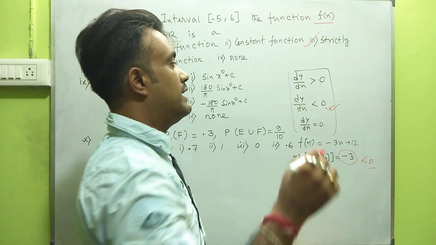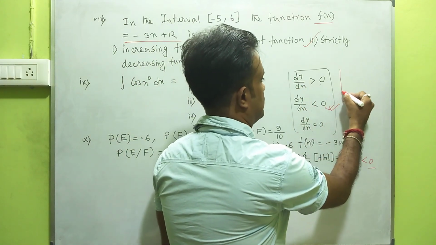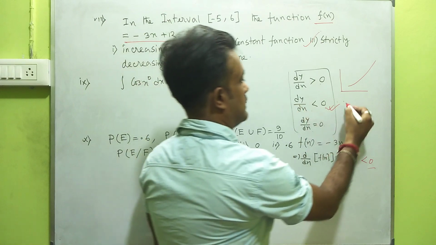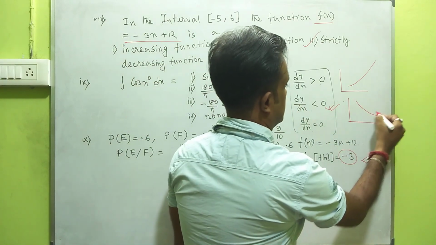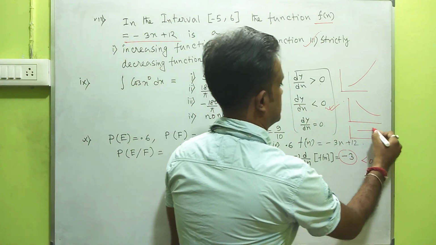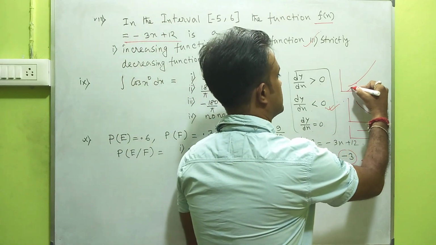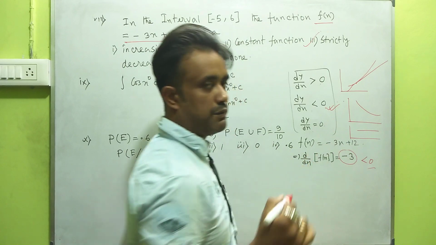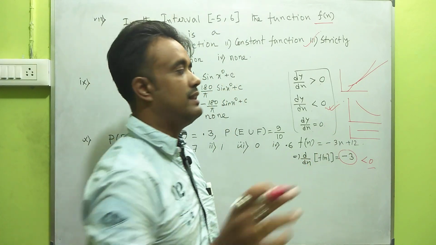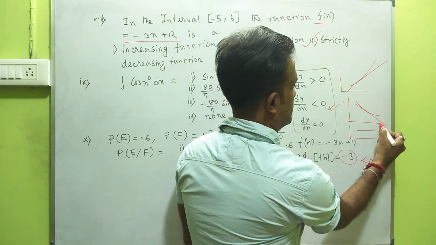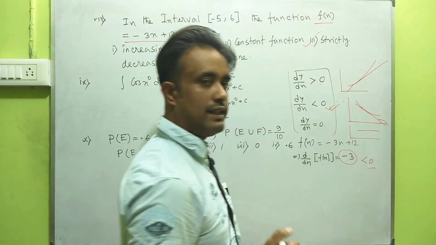Okay. So for an increasing function it is very obvious the slope is positive, as theta makes an acute angle, and for a decreasing function this angle is an obtuse angle.